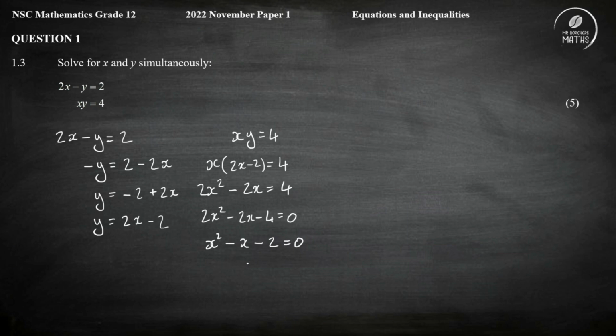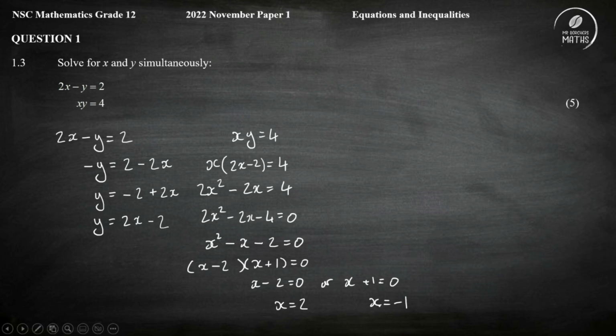Now this quadratic equation, we see we have a single variable x, and the expression can be factorized into 2 factors, those factors being x subtract 2 and x add 1. This would mean that x minus 2 is equal to 0, or x plus 1 is equal to 0, giving our 2 x values as x equals 2 or x equals negative 1.